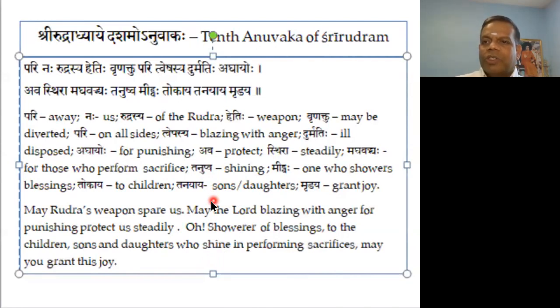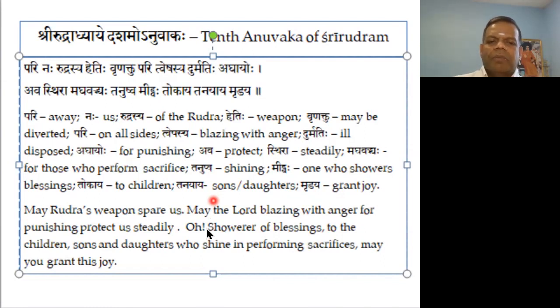So who is shining with tapas, that way also you can say. Like molten gold, I think, which we read. But the Lord is also shining. He is the one who sheds light. So once divinity is in us, that also will shine in the people who are doing the performance. So you can take it either way.